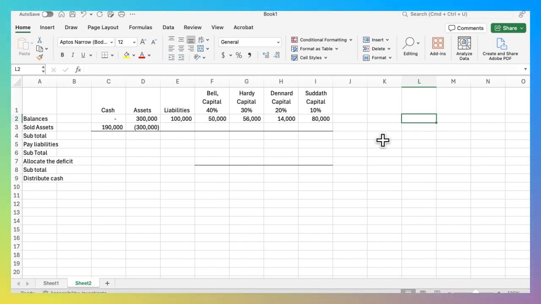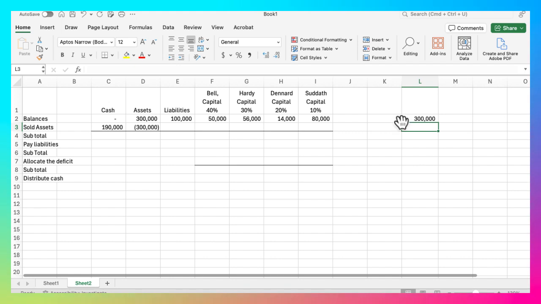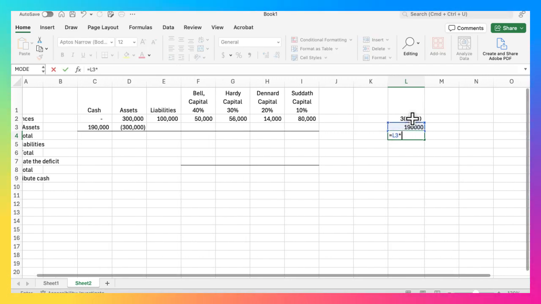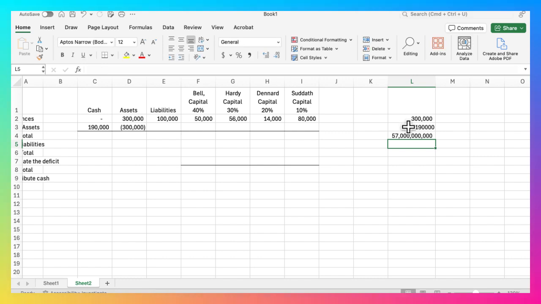Well, the assets were valued at $300,000. We got $190,000 for them. So the difference between these two, bear with me here.